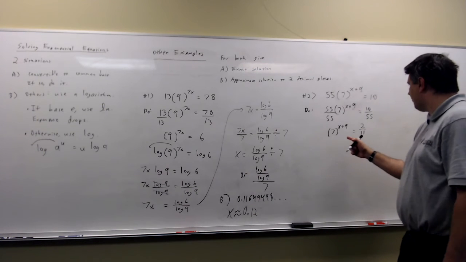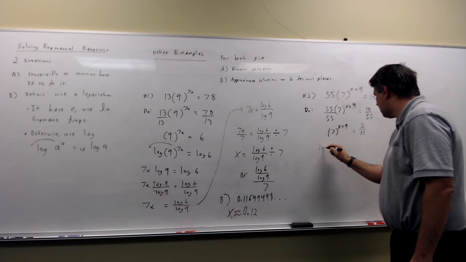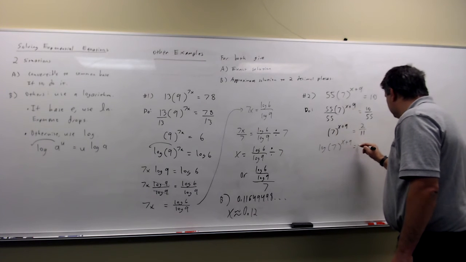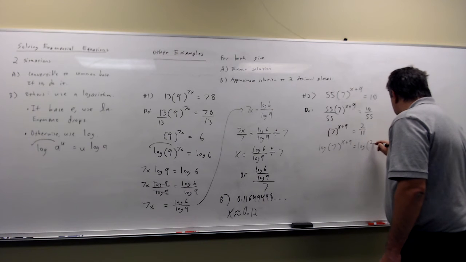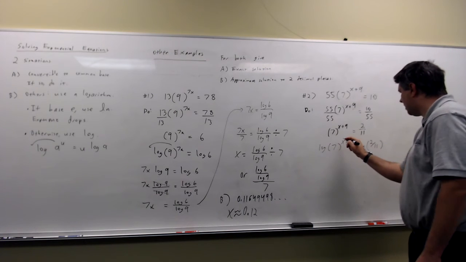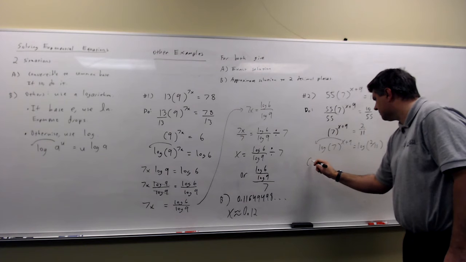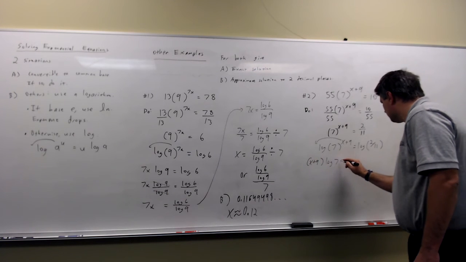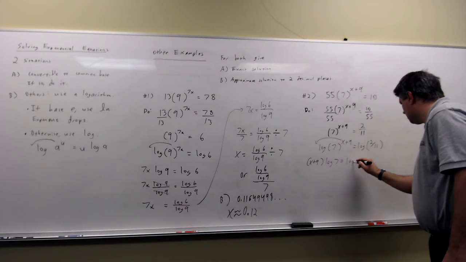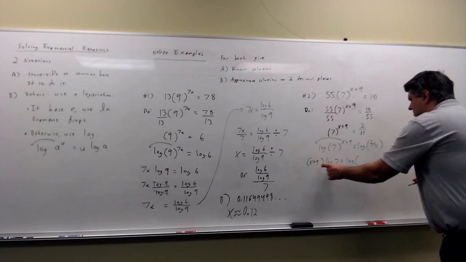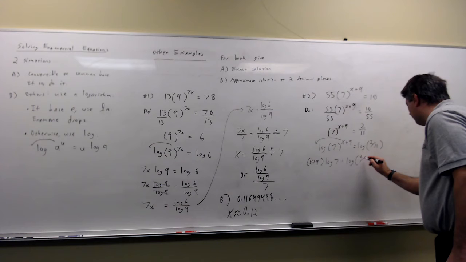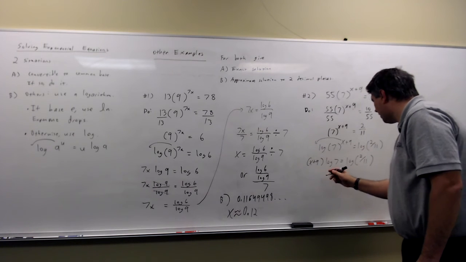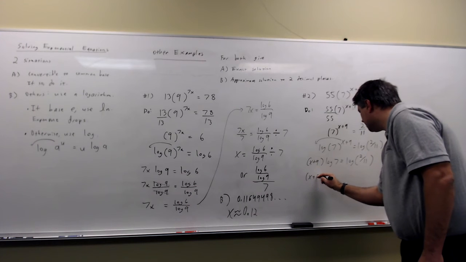Okay, like before, I'm going to use the common logarithm. And now I'll take this exponent to the front. And I end up with x plus 9 times log 7 equals the logarithm of 2/11. Okay, and like before, I'm going to divide off the logarithm on the left side.